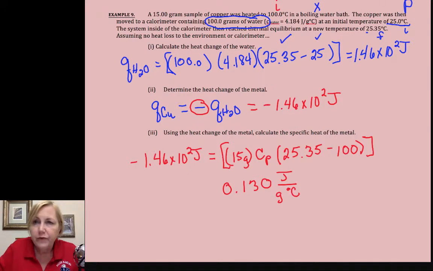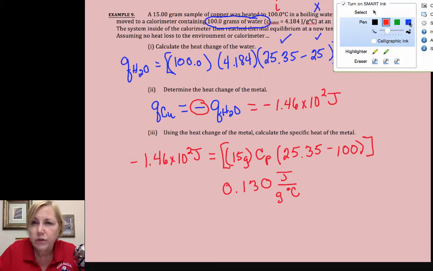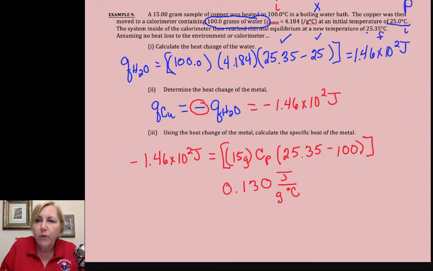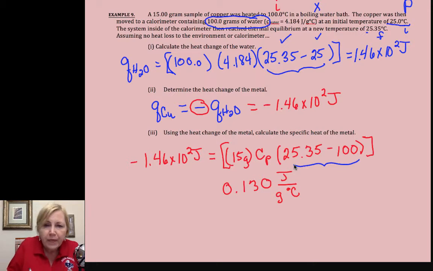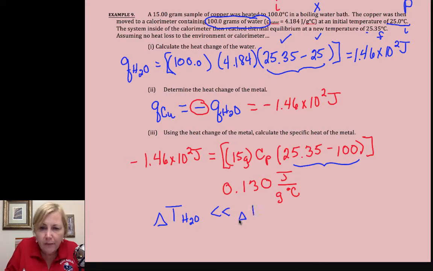Now, before I leave you with this video, I do want to make a point here. I want you to notice that the water had a much smaller heat change than did the copper. So the change in temperature for the water was much smaller than the change in temperature for the copper.